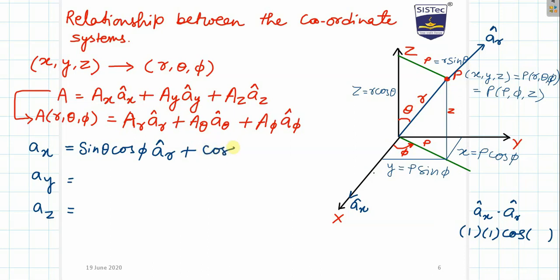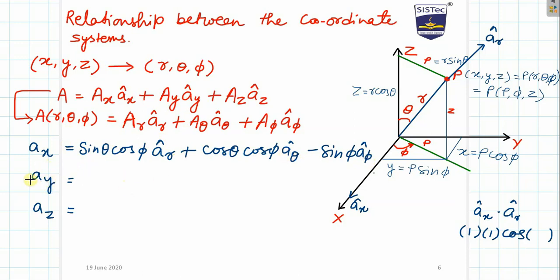Similarly, if you resolve, you will get cos theta cos phi, and this is a theta. Then minus sin phi, and this is a phi. So in this way we can resolve AX along AR, A theta and A phi.